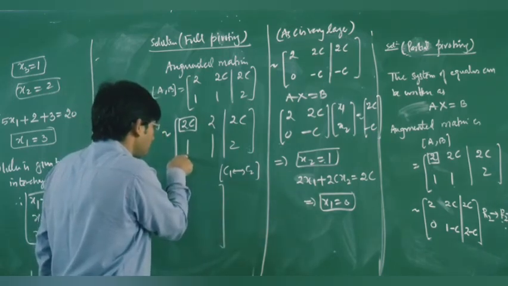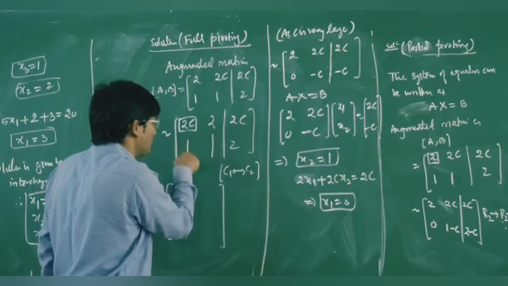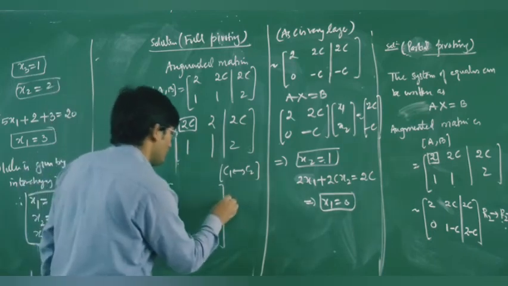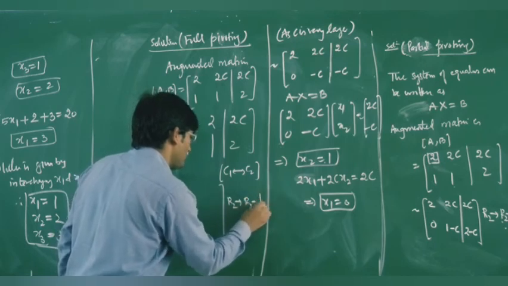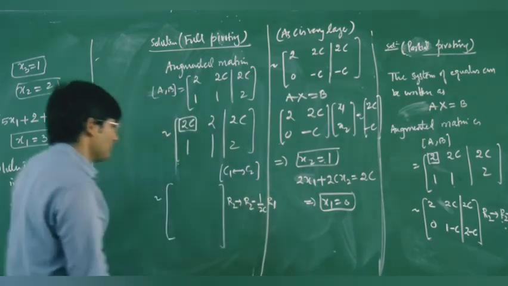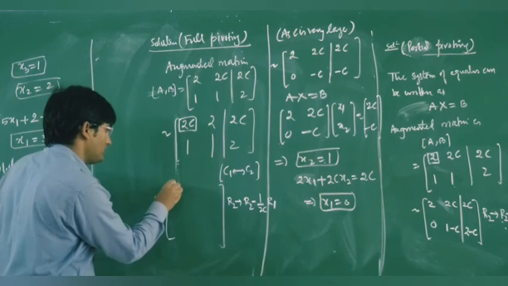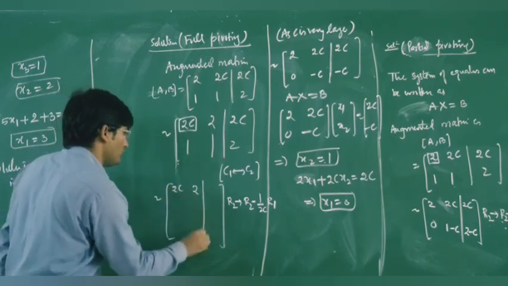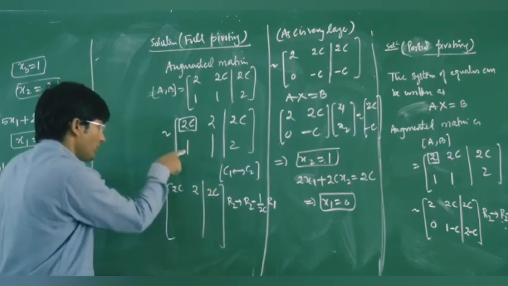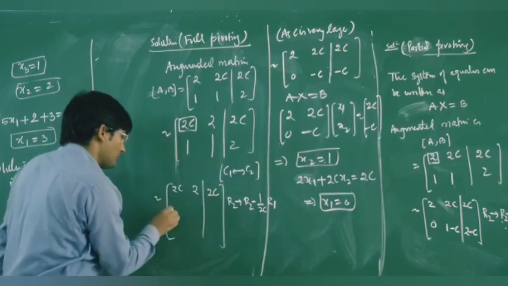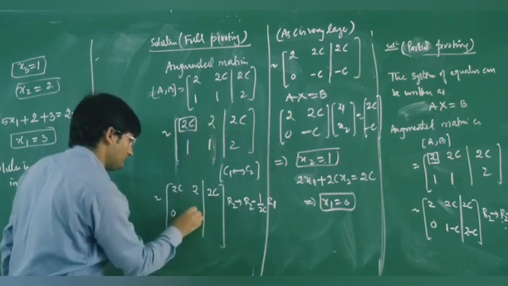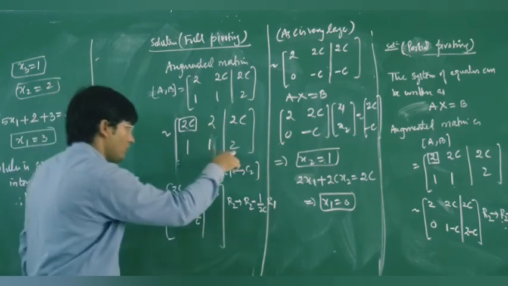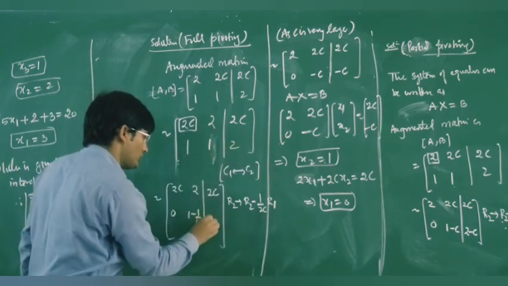So now here we will reduce this element 1 to 0. So we will use the operation R2 minus 1 by 2C of R1. So you can see that this is your 2C, then we have 2, then again this is your 2C. Now this 1 minus 1 will become 0. Now here we have 1 minus 1 by C, and here we will have 2 minus 1. So this is your 1.